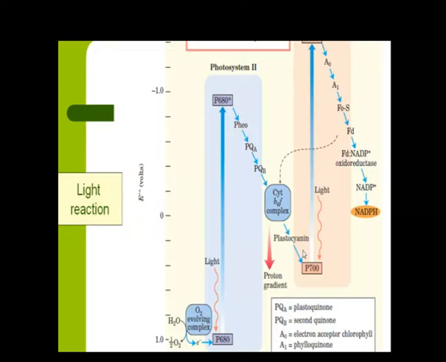What is another use of water splitting? NADP has to be reduced to NADPH plus H plus, so you have to add H plus. Where does that H plus come from? It comes from the splitting of the water molecule, and that H plus combines with NADP and reduces it to NADPH. Electrons neutralize your P680 and oxygen is liberated. That's why plants take in carbon dioxide and give out oxygen.